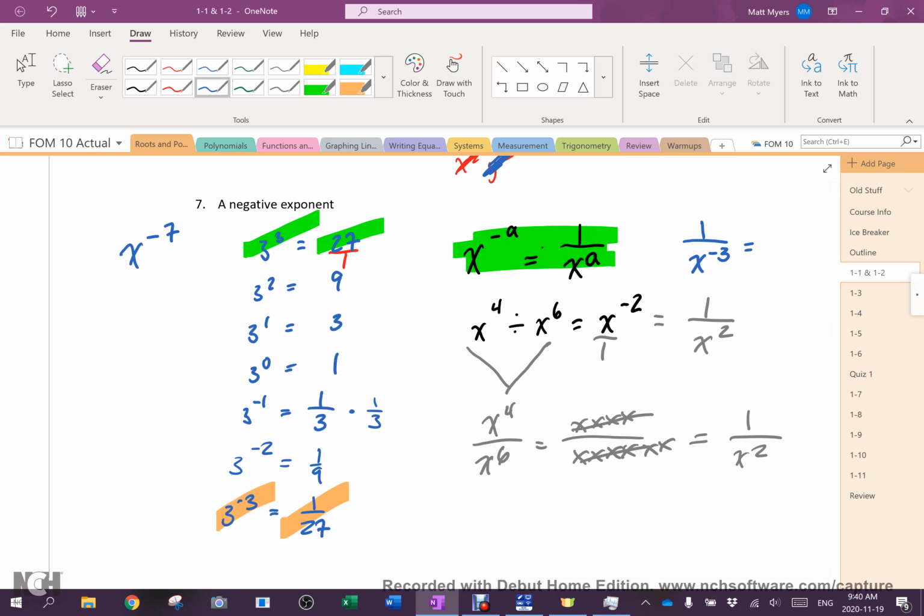Danny? X cubed. It just reciprocates, because negative exponents are never allowed. If they're already in the denominator, they would move, they would reciprocate. Is everybody good? Yeah?